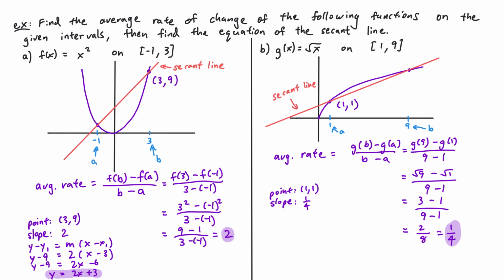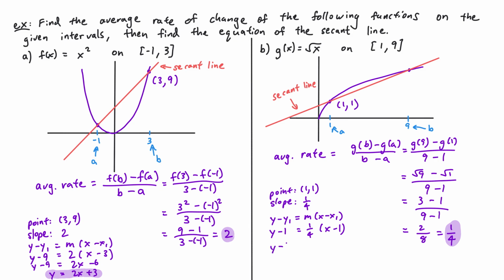Now that we have a point and a slope, we can write down the equation of the line in point-slope form. Y minus y1 equals m times x minus x1. So plugging in the appropriate values, this gives us y minus 1 equals 1/4 times x minus 1. If we want to write this in slope-intercept form, all we have to do is solve for y.